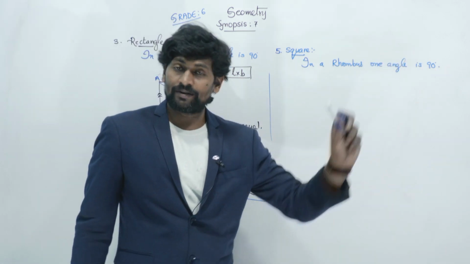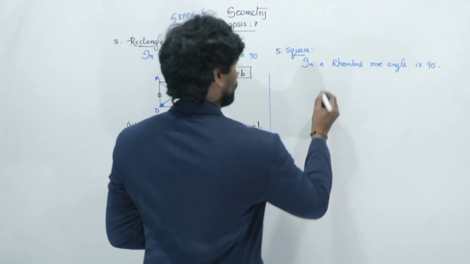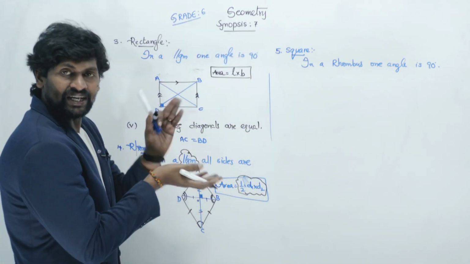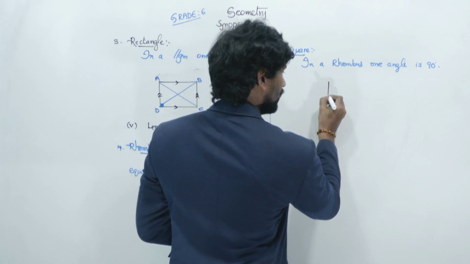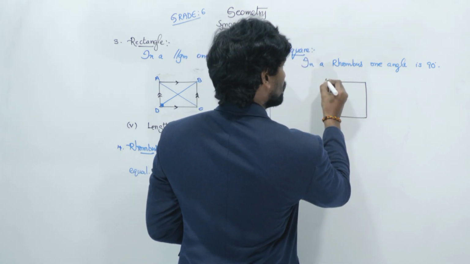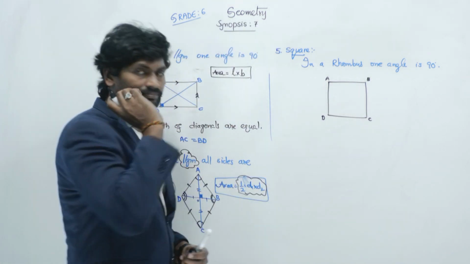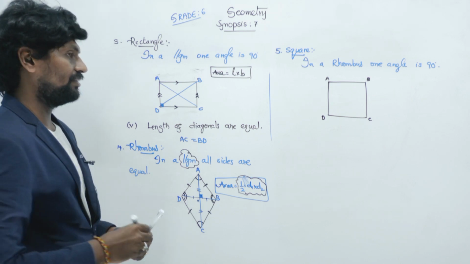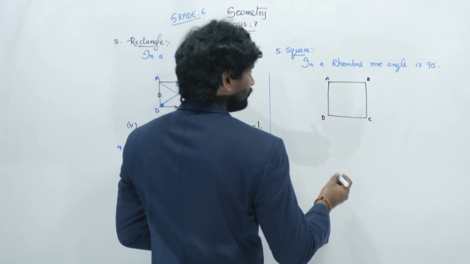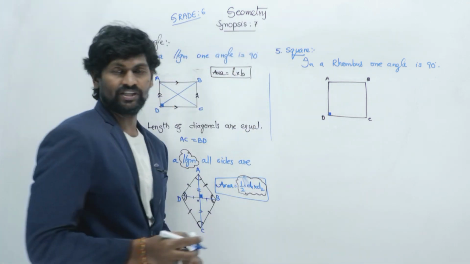Rhombus with one angle 90 degrees is called a square. So the slant position is transformed into the square position like this. So ABCD is a square.